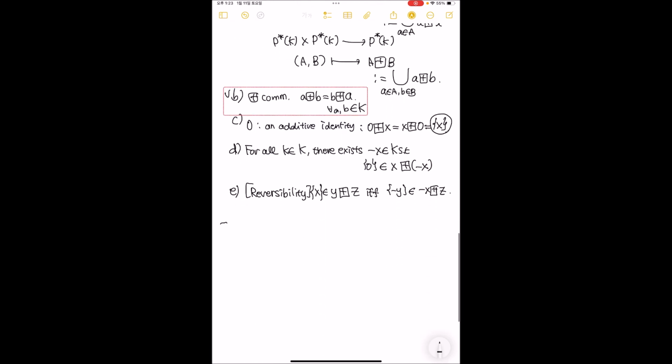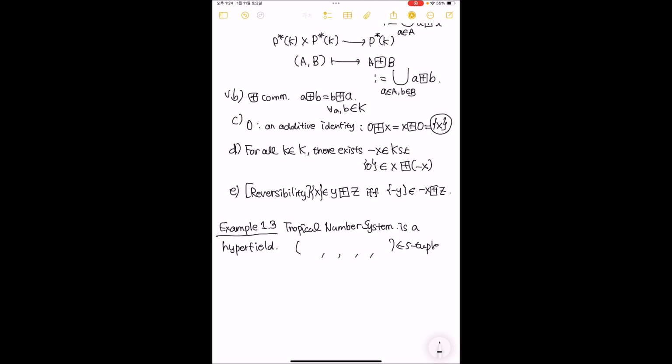As I said, I want to say that the tropical number system is a hyperfield, but the notation, what is a 5-tuple, as I said, that is T. Okay, T is K, and I set it here.